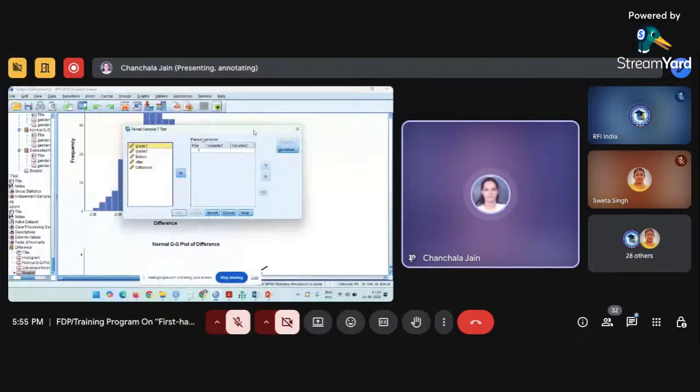The dialog box is appearing. Here, shift Grade 1 into the Variable 1 box and Grade 2 into the Variable 2 box. Only this one pair we want to test, but if you want multiple pairs, you can enter them also.